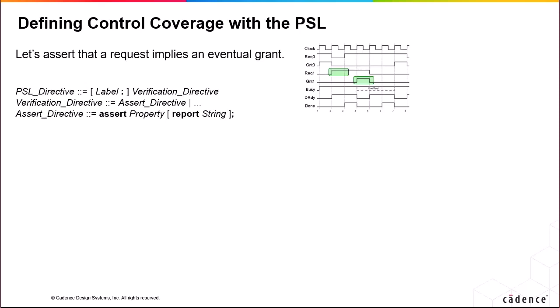An assert directive is in order the assert keyword, the property to assert, and an optional report clause, reporting a string upon each assertion failure. Following this syntax, we label the assertion statement, provide a property placeholder, and report an appropriate message.